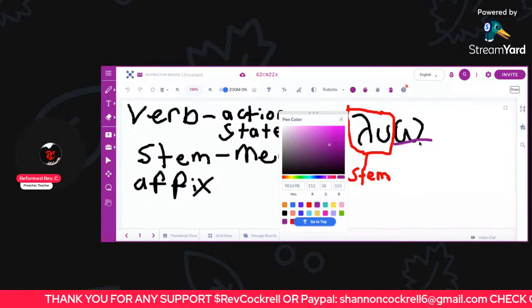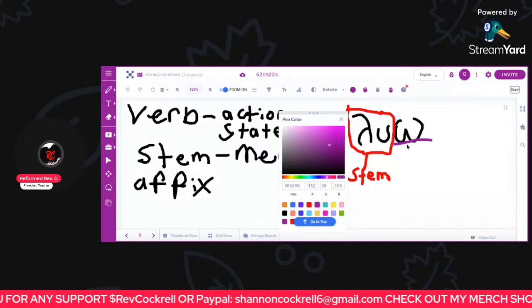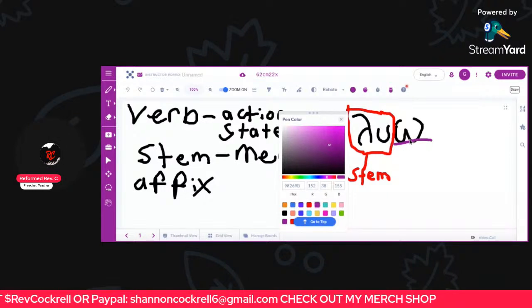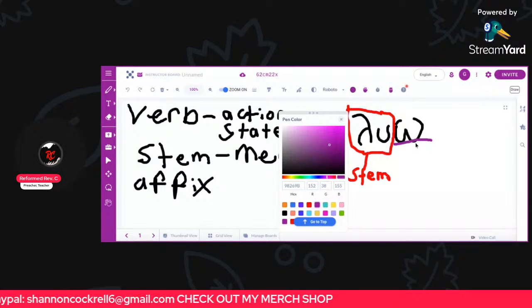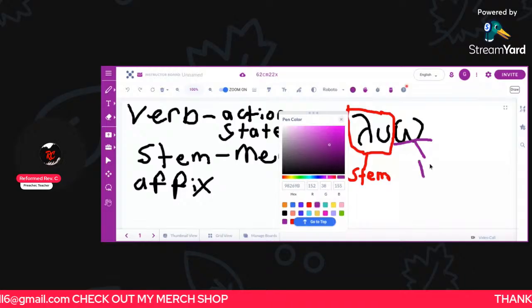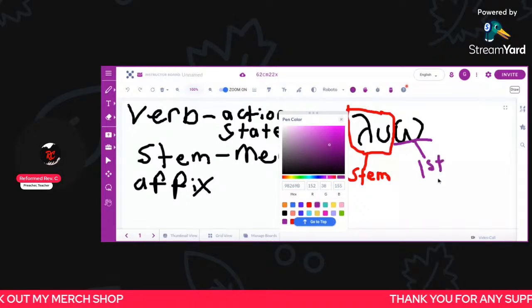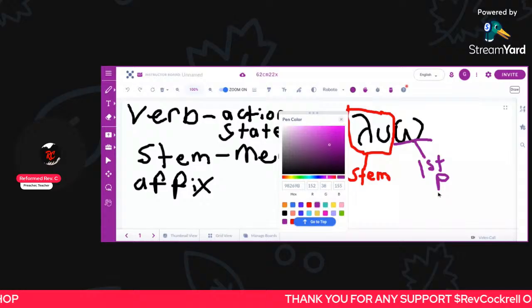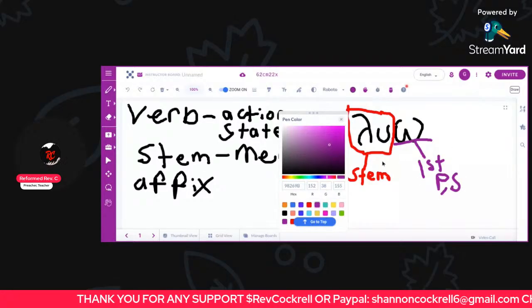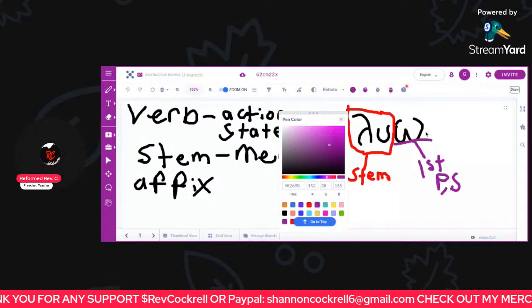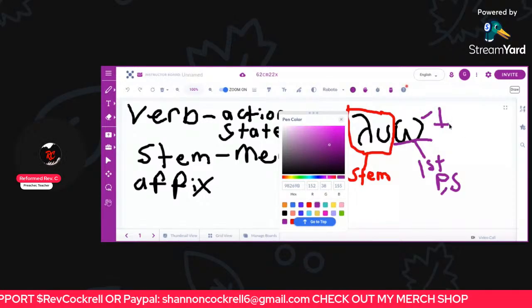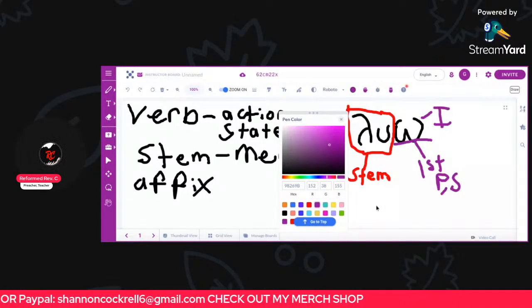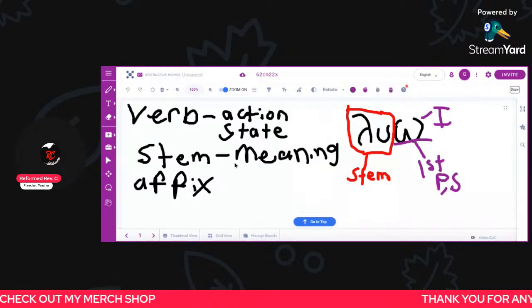Your affix, this is your person. This contains person and number. So this is first person, singular, or I. I loose. I am loosing. So this tells you who, person and number.